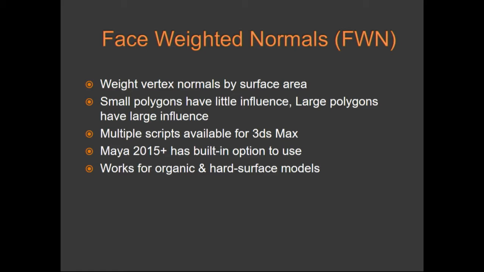And for 3ds Max, there are already multiple scripts you can use to achieve these results. And in Maya, ever since 2015, there's been a built-in option to do this as well. And this workflow works for both organic and hard surface models, so there isn't really a reason not to use it.